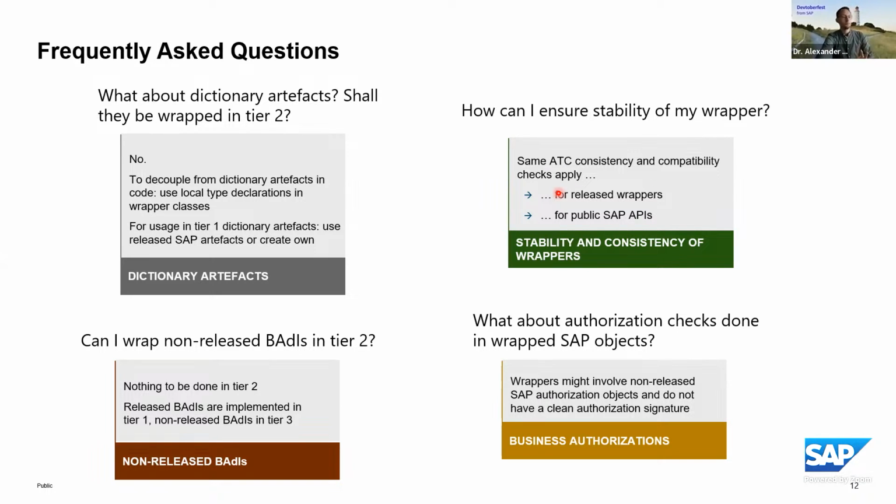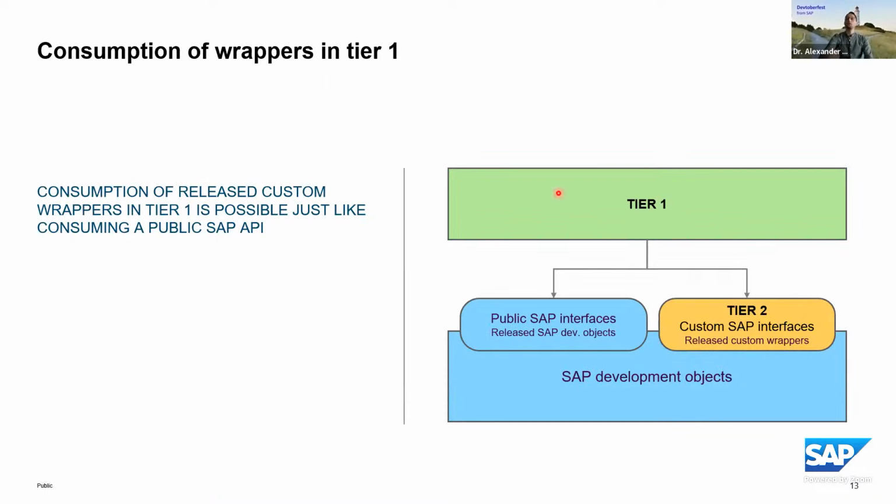All right, so now we have the setup, we know how to build wrappers, we know how to make complex features in AMDPs available, we have some FAQs being answered. And now the last point I would like to explain is the consumption of the wrappers in tier 1.